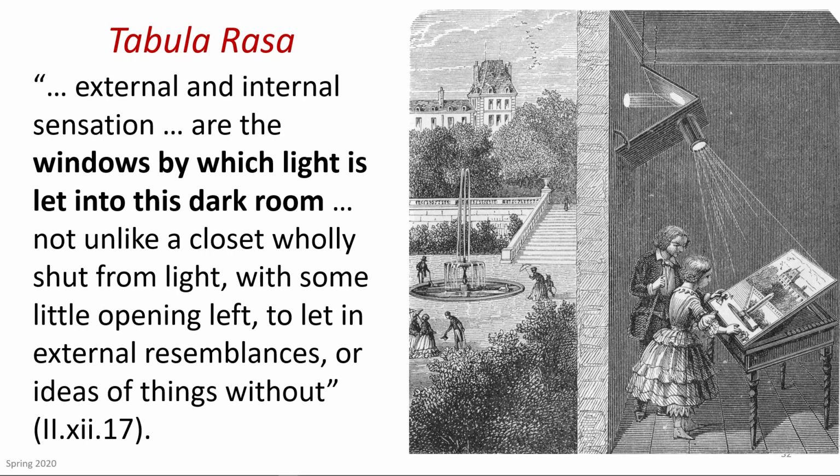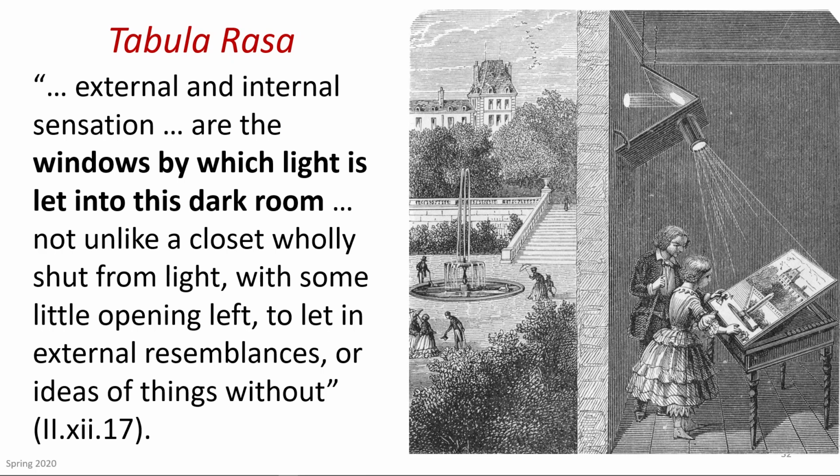So the Latin there would have been camera obscura. So the ideas we get from sensation and reflection, he analogizes to the light coming into a darkened room. Not unlike a closet wholly shut from light, with some little opening left to let in external resemblances or ideas of things without.